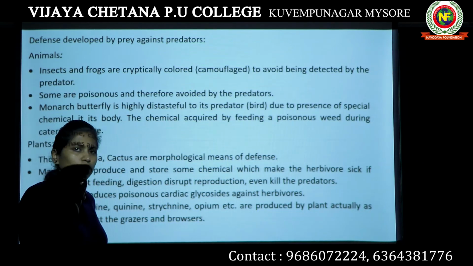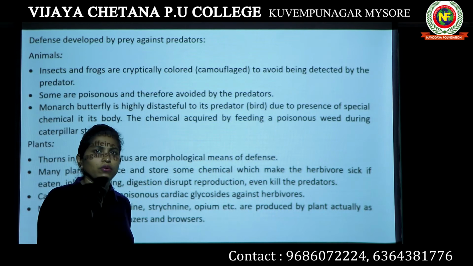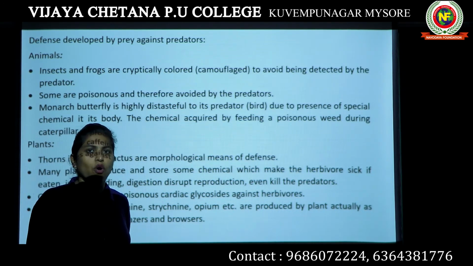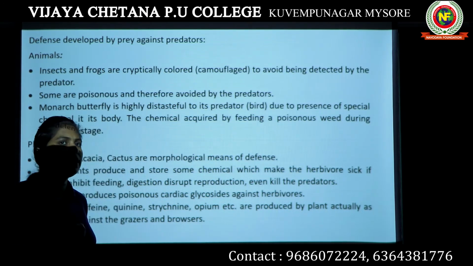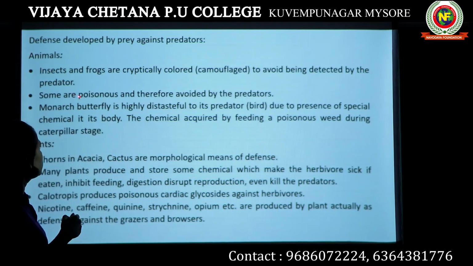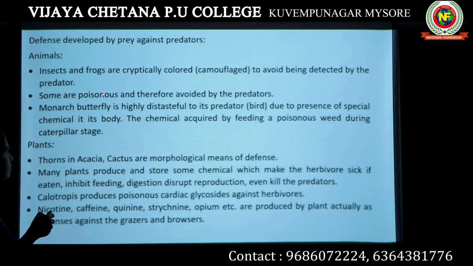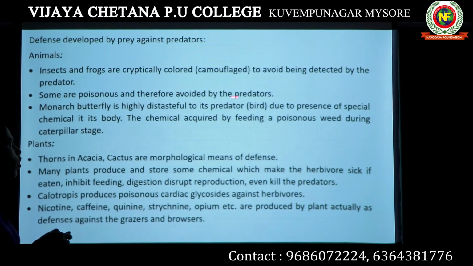Generally, we say, if you eat a particular plant that is slightly toxic, it should be avoided. So the animals know which are these poisonous plants. So there are certain animals also, okay, who are poisonous, and they will be avoided by the predators.